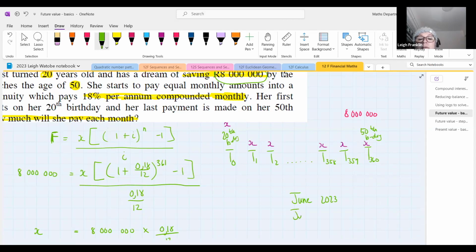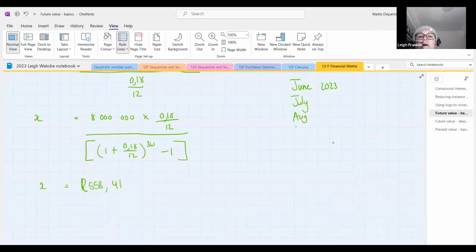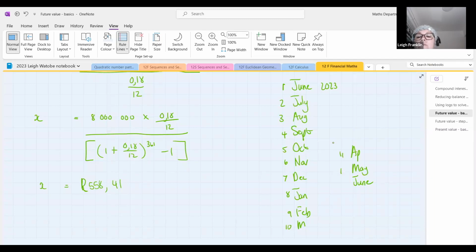Then you do it again in July, August, September, October, November, December. Then you go again, January, February, March, April, May, and then again in June. Can you see it's 1, 2, 3, 4, 5, 6, 7, 8, 9, 10, 11, 12, 13.